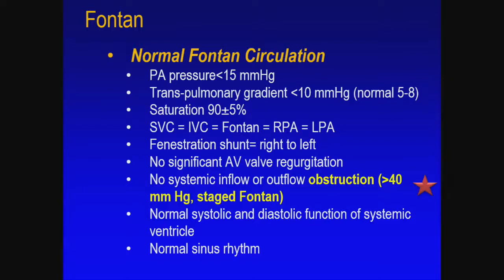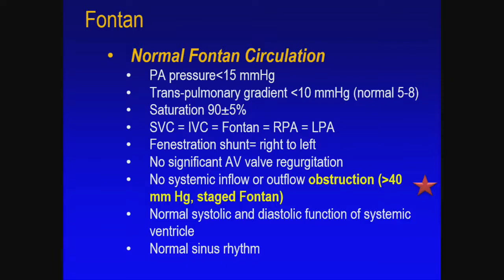No significant AV valve regurgitation. Fenestration shunt should always be from right to left. Okay. No systemic inflow or outflow obstruction. This is another question they like to ask a lot. If you have a patient who has an outflow tract obstruction, and the peak gradient is more than 40 before Fontan, you should stage the surgery.